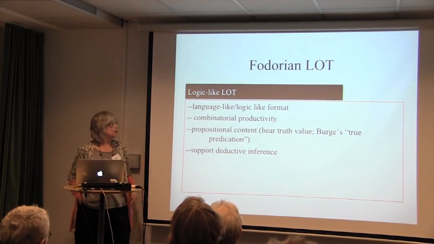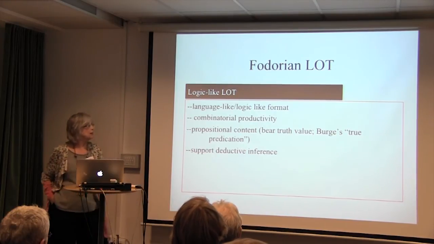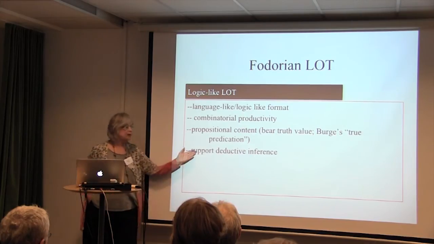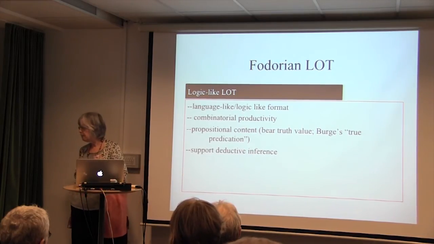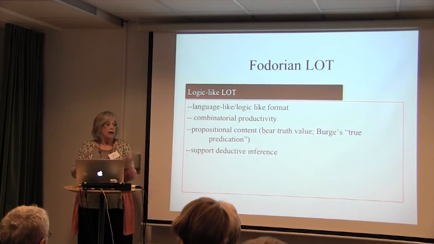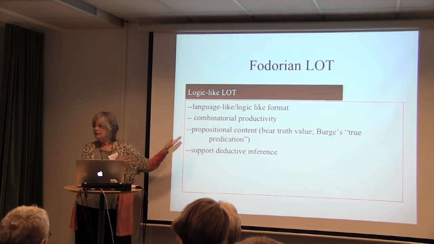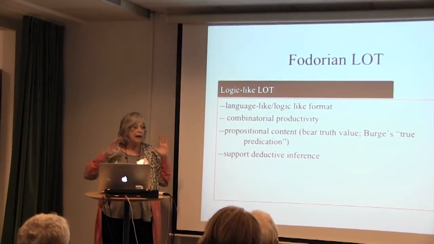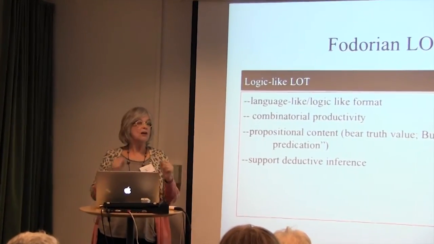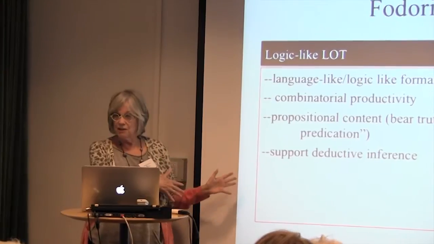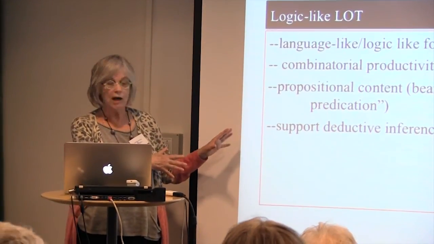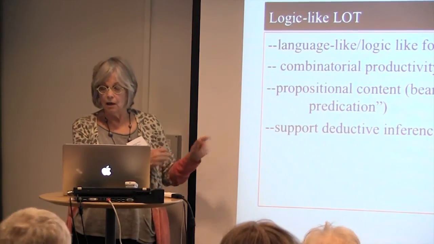These representations should have the possibility of expressing propositional content, and they should support deductive inference. Okay, so the question is, do babies and animals have this? Right? They clearly have abstract representations, structured representations. That's what I just gave you evidence for. All of the systems of core cognition I just described, non-human animals have as well.